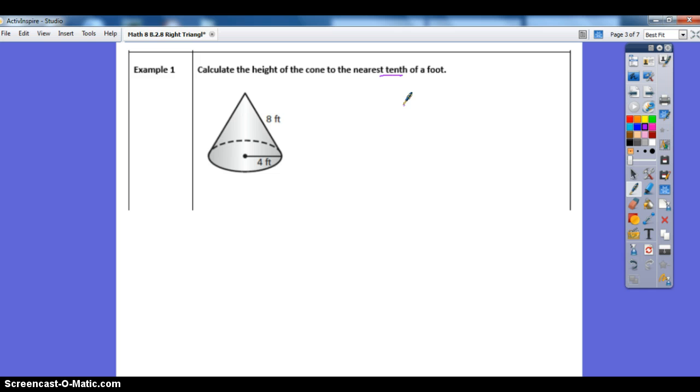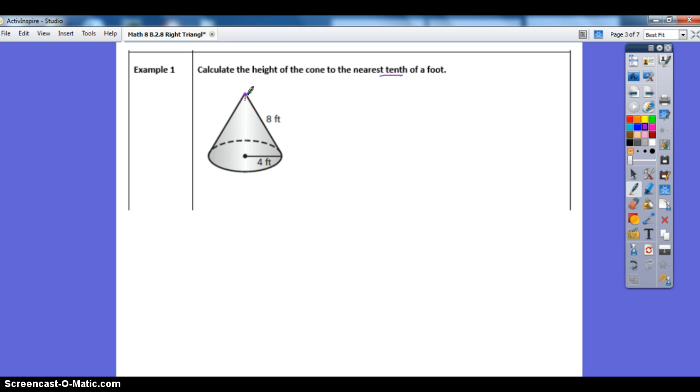The Pythagorean theorem. How do you suppose we're going to use it to find the height of this cone? Here's the vertex. We just talked about slant height. You connect the top to the middle, just like our vocabulary word said.